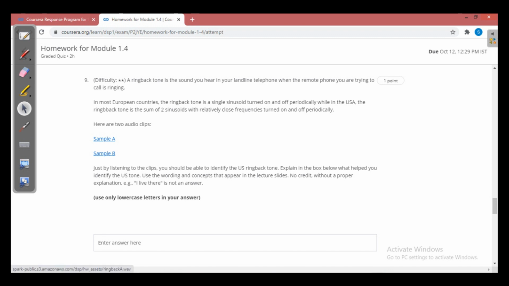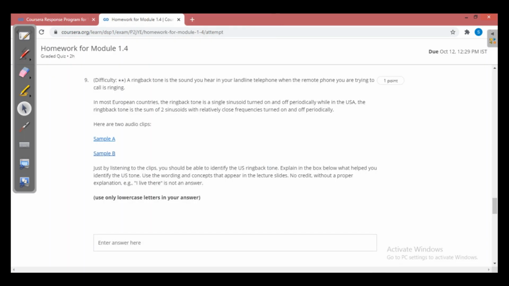Okay, so for the US, they are using two sinusoidal signals. Let's see, now I'm playing sample A. That is, sample A has only one sinusoid turned on and off periodically.